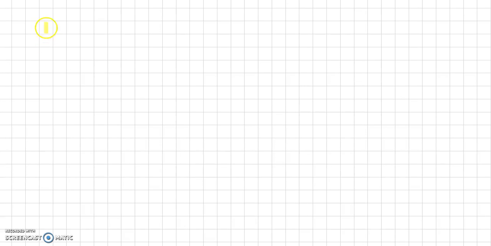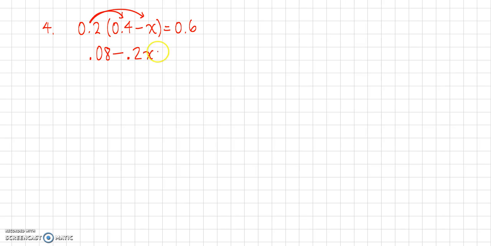Okay, number 4 says solve this equation. 0.2 times (0.4 minus x) equals 0.6. So first we're going to distribute. 0.2 times 0.4 is 0.08. 0.2 times -x is -0.2x.